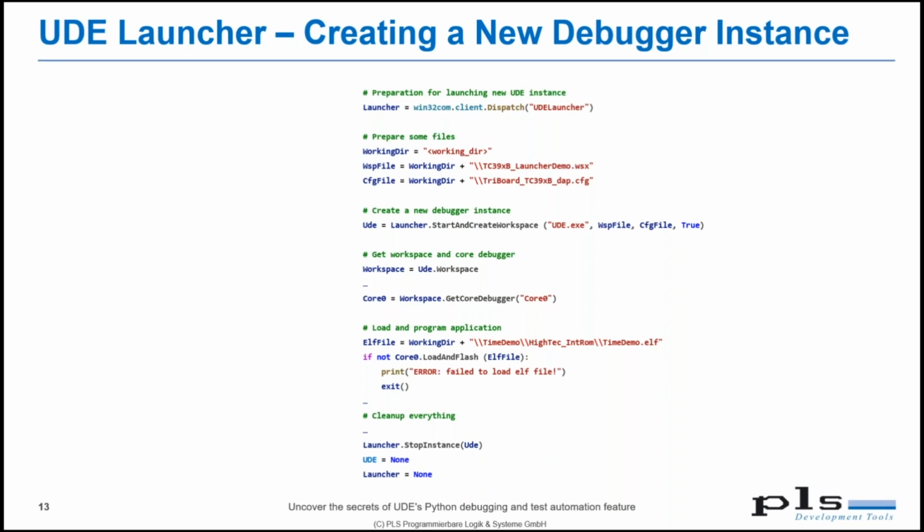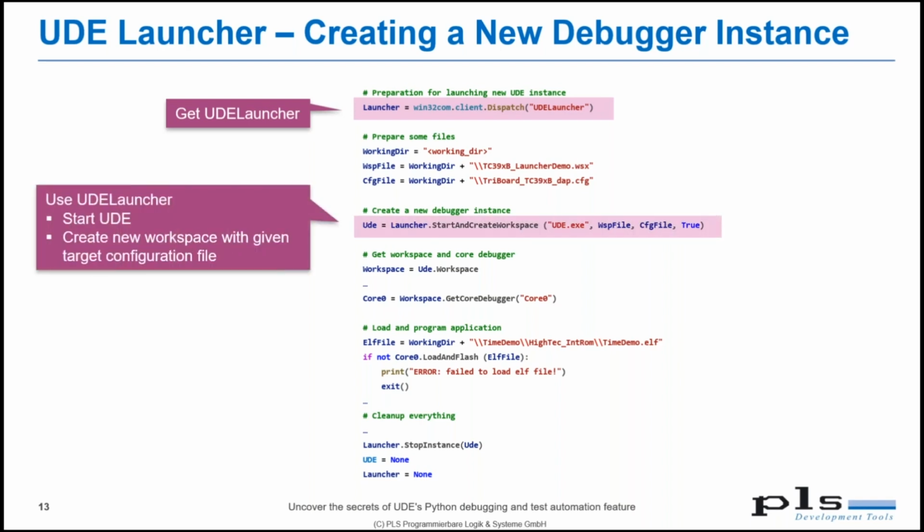and I showed you how to connect in script to an existing UDE session. If you want to open a new UDE from your script and create a workspace, you can use the same script with minor changes. Firstly, instead of the running instance manager, you need to use the launcher. To get the launcher, quite the same as you got the UDE running instance manager.